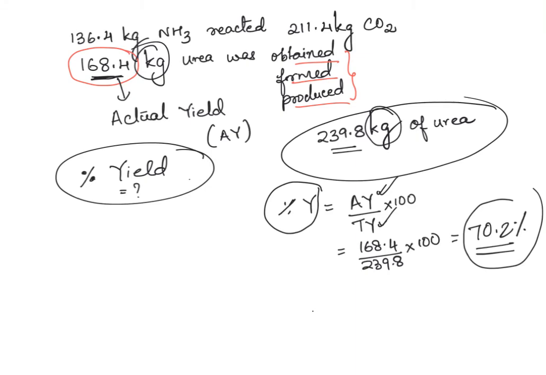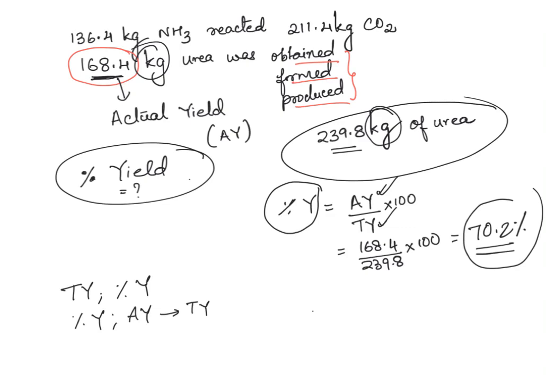So depending on the nature of the problem, you should be able to calculate theoretical yield and percent yield given the actual yield. Or if percent yield and actual yield are given, you should be able to get the theoretical yield. Or given the amount of reactants, you should be able to get the theoretical yield.